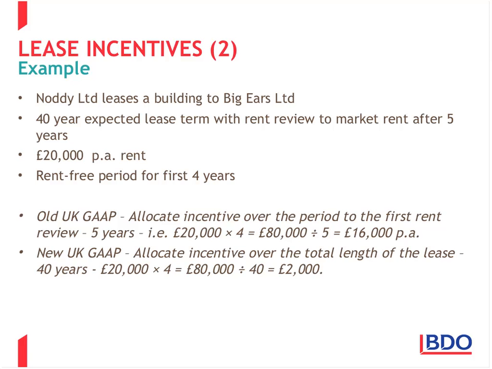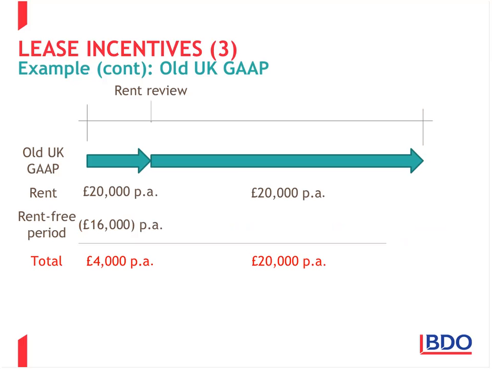Under new UK GAAP, however, we take the same incentive, 4 years at £20,000, which is £80,000, but we divide it over the whole term of the lease. That is 40 years and a benefit of £2,000 per annum. Diagrammatically, this is what it looks like.